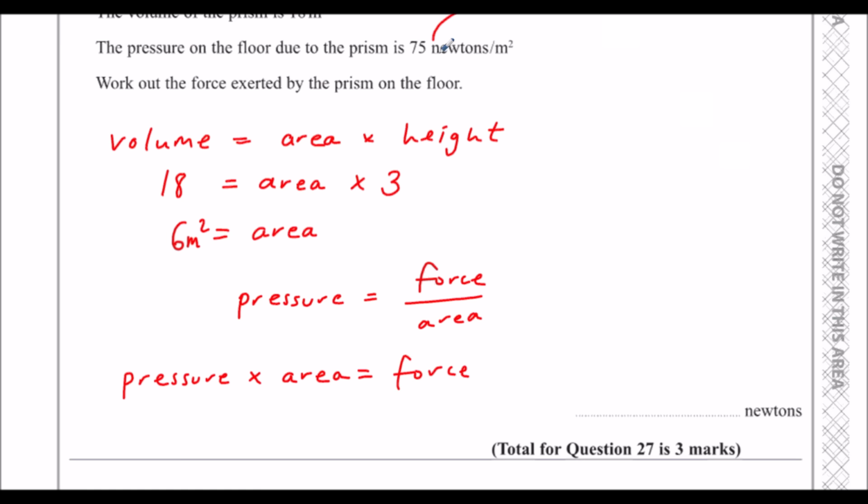So the pressure is 75 and the area is 6. So 75 times 6. 75 times 2 is 150. So 3 150s, that's 450 newtons.